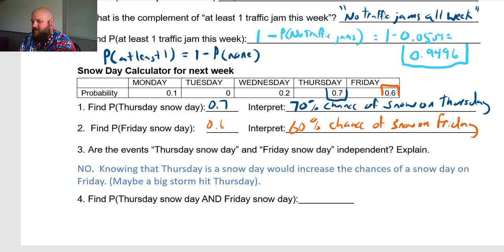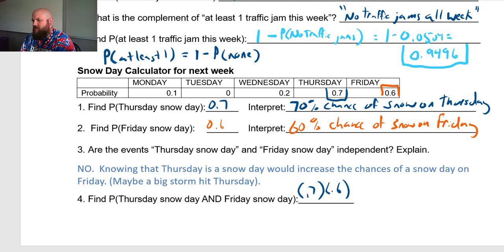The last one here says, find the probability of a Thursday snow day and Friday snow day. Well, could we just take 0.7 times 0.6, right?